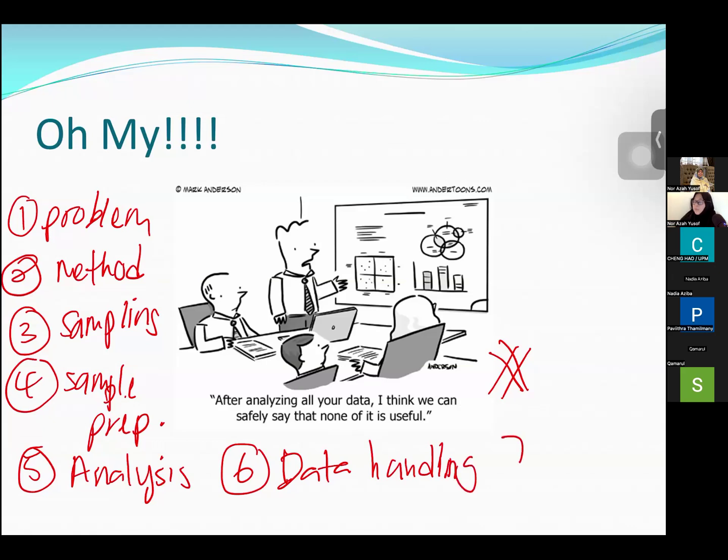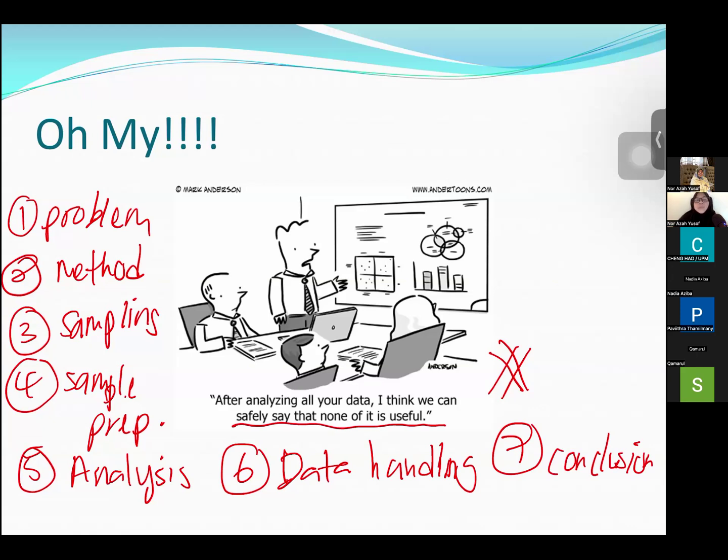And of course, you come to a conclusion. But before that, you do data handling plus all the statistical analysis. Okay, so for the conclusion here, we do not want this kind of conclusion where the data is actually not useful at all.